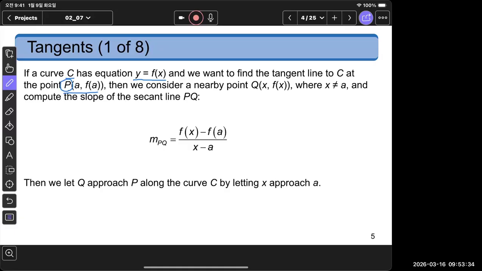So x and the corresponding function value f of x define another point on the curve C, and suppose that x is not a.